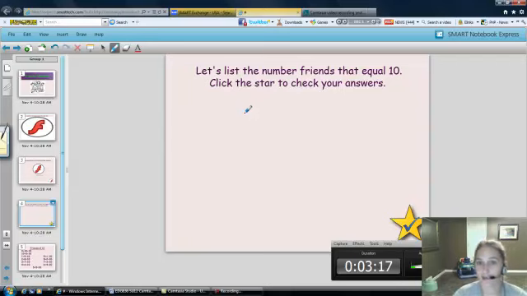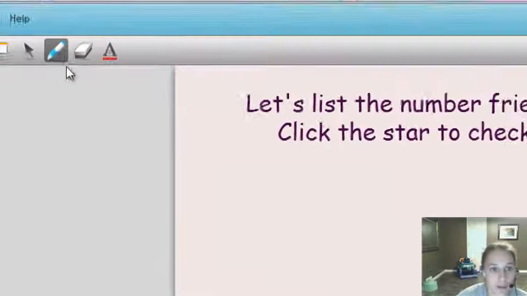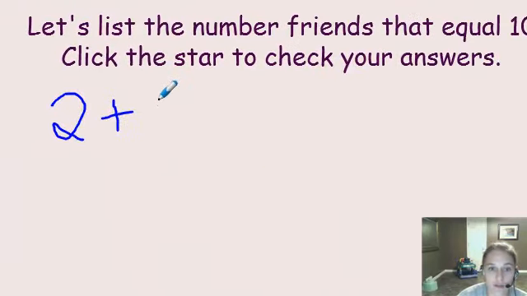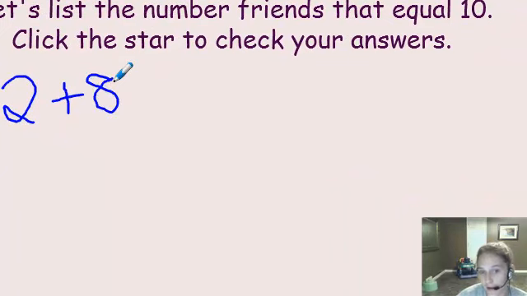Now, it says, let's list the number of friends that equal 10. Here I would have the students give me what they think 2 numbers that go together to make 10. I would write these up on the board, and maybe someone might say, oh, Mrs. Rogers, 2 plus 8 equals 10, and I would have them come up here and write it.